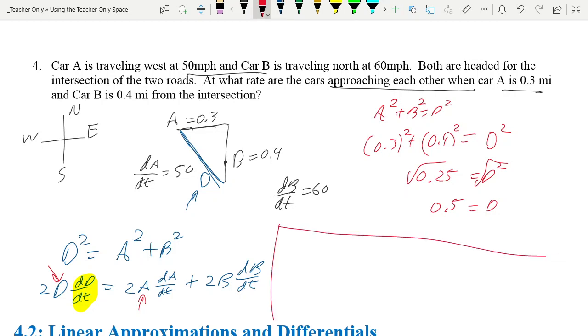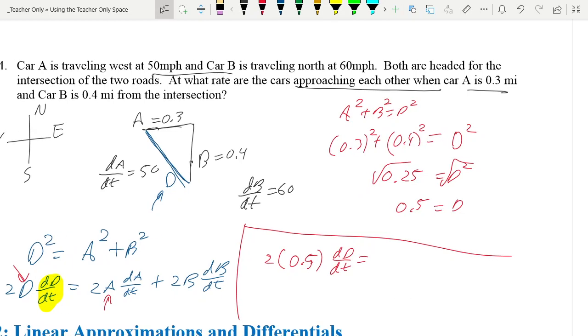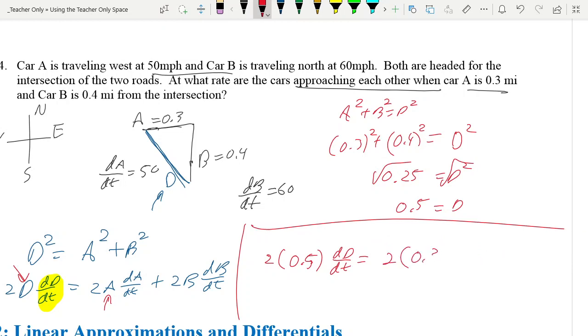So we could just go ahead and start subbing things in. So this is going to be 2 times 0.5 times dD/dt, equal to 2 times A, which is 0.3, times dA/dt, which is 50, plus 2 times B, which is 0.4, times dB/dt, which is 60.